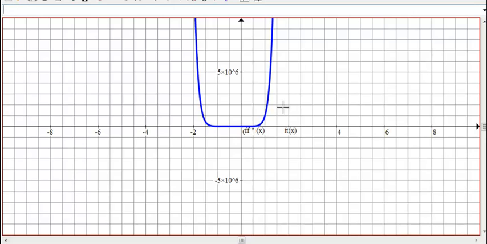Then our derivative is y equals 6 parentheses 10x plus 3 parentheses 5x squared plus 3x plus 2 to the power of 5. So there's the derivative.